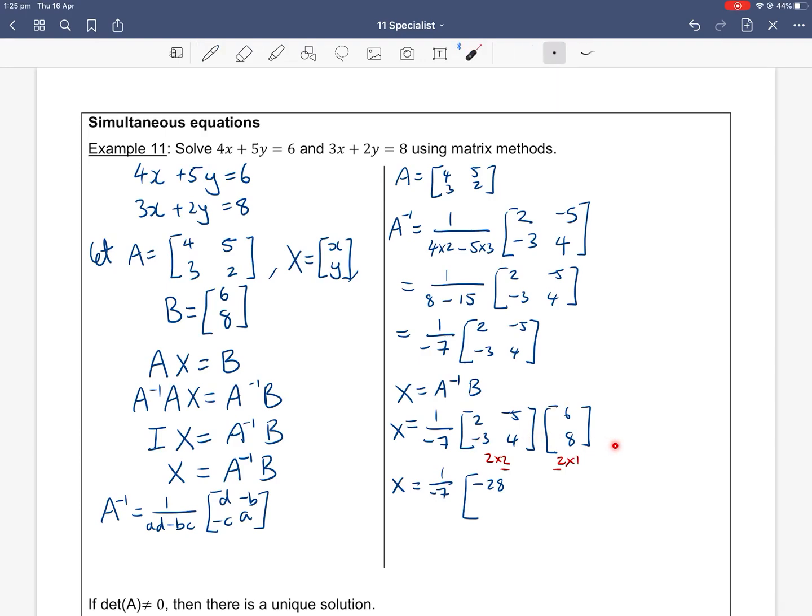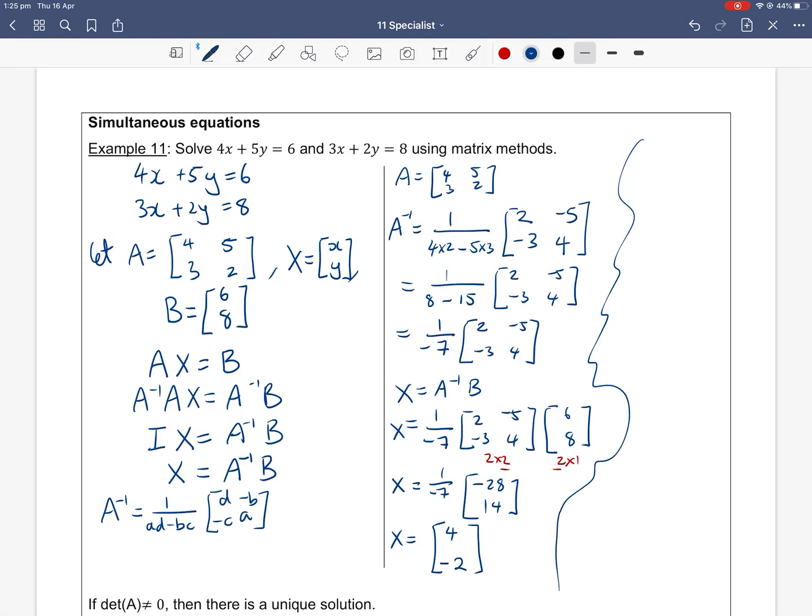Next we have negative 18 and 32, so that's 14. So X is equal to, I'm going to multiply the coefficient in. 28 divided by 7 is 4 and the negatives cancel, and 14 divided by 7 is negative 2.